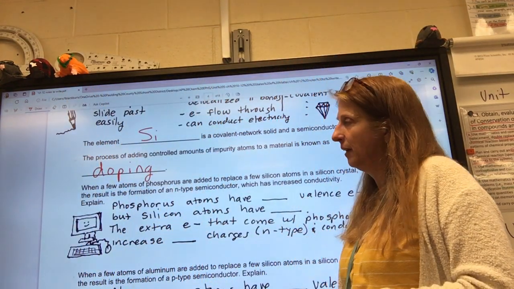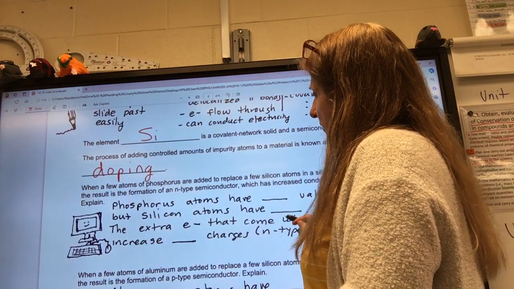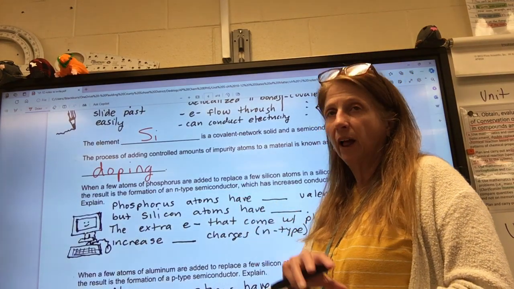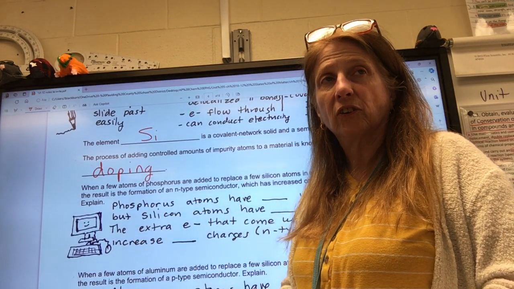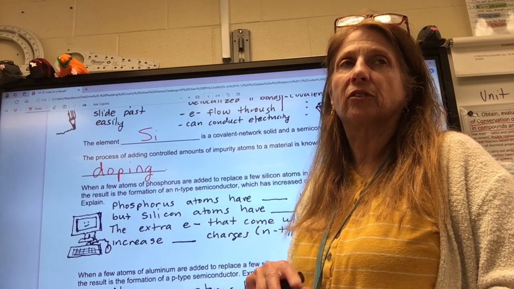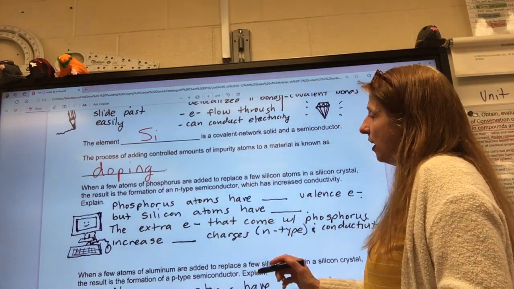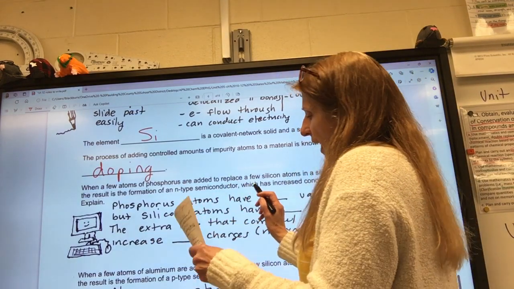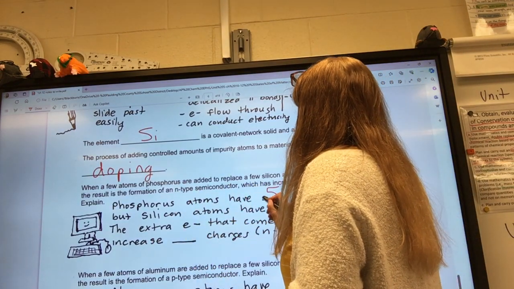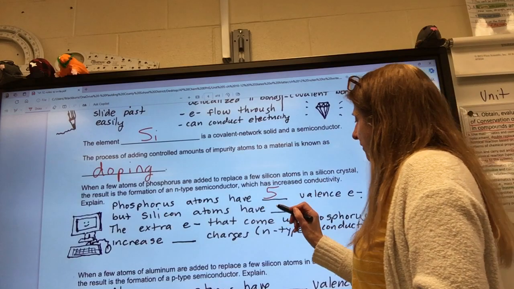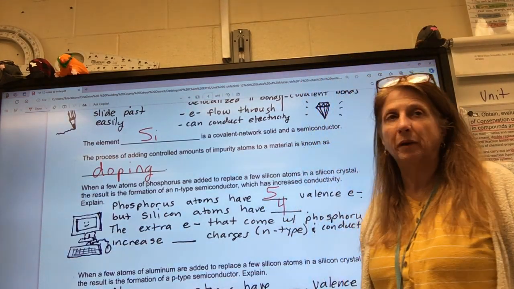You dope it. So what they do is they mix into the crystal lattice something else, so it's not all pure silicon. One of the things they can mix in is phosphorus. And phosphorus atoms have 5 valence electrons, and silicon has 4. Everybody see that?